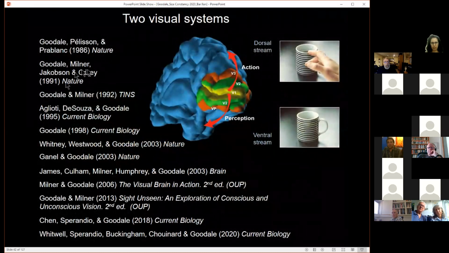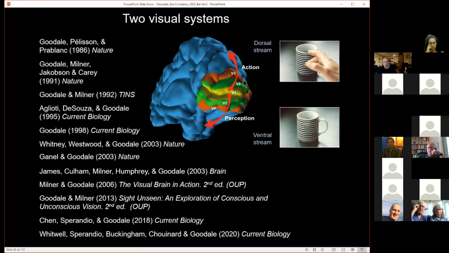And indeed, in a long series of studies in our lab and others, it seems that the pathway that runs from early visual cortex up into the posterior parietal cortex is important for transforming visual information into the required coordinates for action.